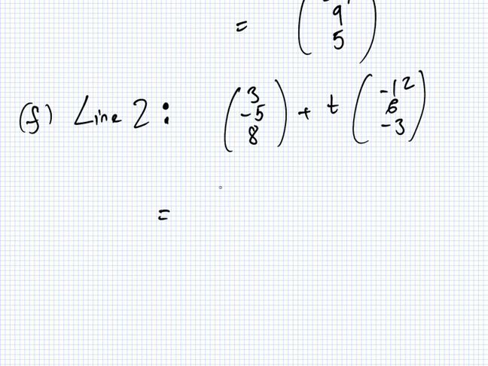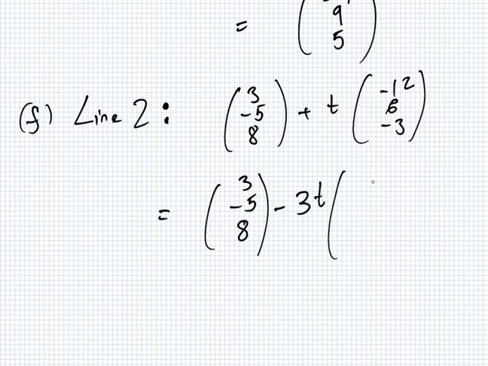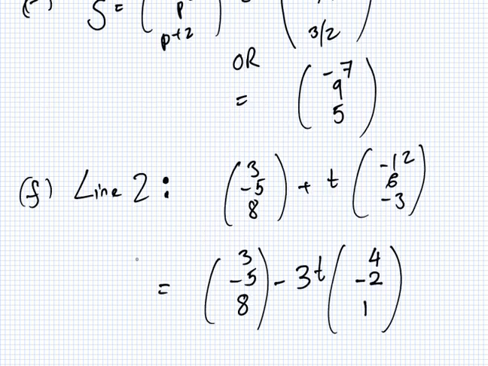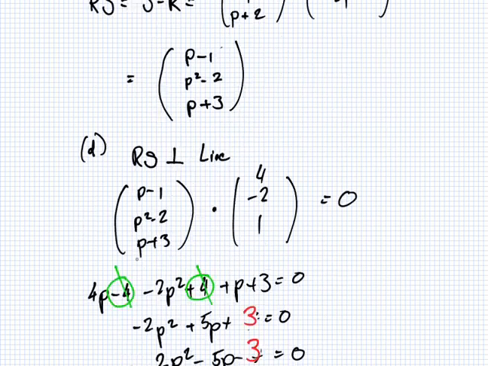Now, I could rewrite it like this. I could take the minus 3 out here, and I'd be left with 4, minus 2, and 1.